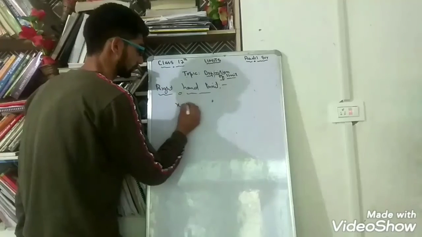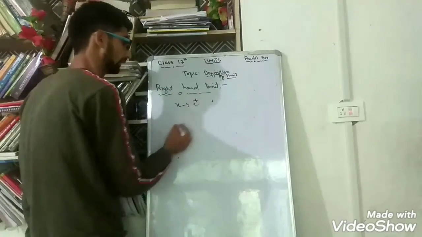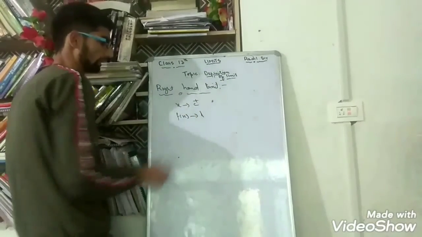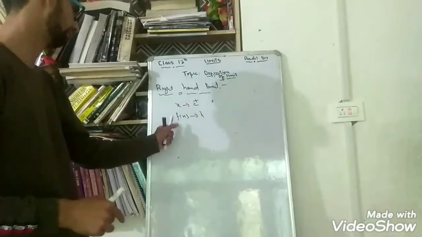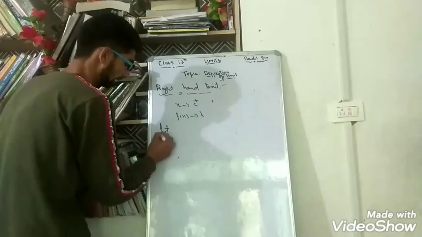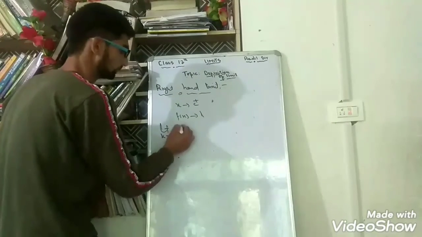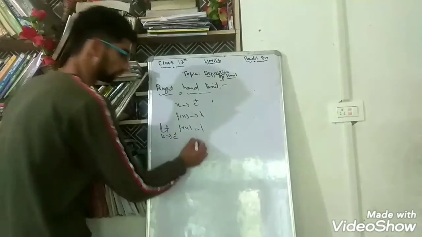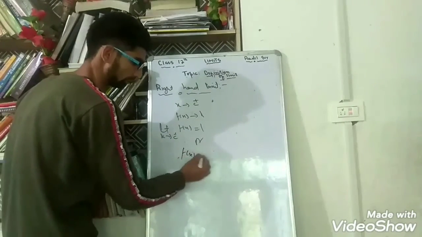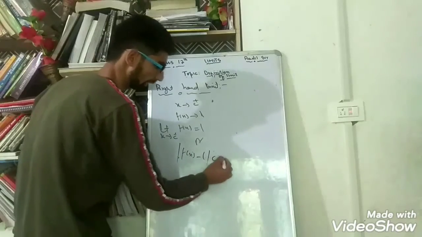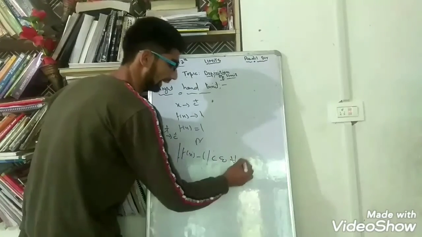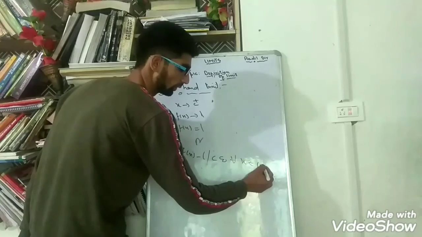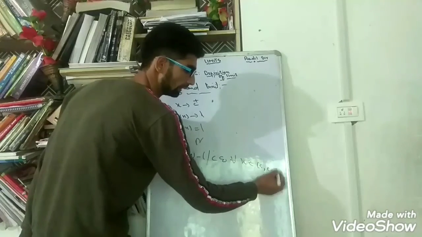If we tend this x to c positive, then f of x tends to L, and L is called the right hand limit of f, and we write it as the limit as x tends to c positive of f of x equal to L, or we say the distance between f of x and L is less than epsilon for all x belonging to the right deleted neighborhood of c, that is (c, c plus delta).